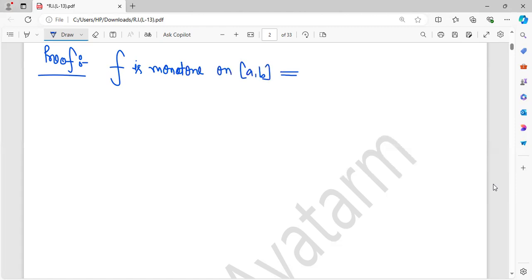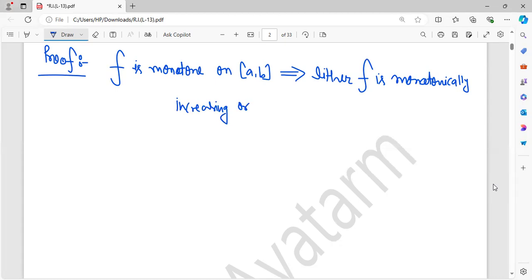This implies either f is monotonically increasing or f is monotonically decreasing. Okay. So we will prove only for monotonically increasing. The same proof can be repeated for monotonically decreasing also.